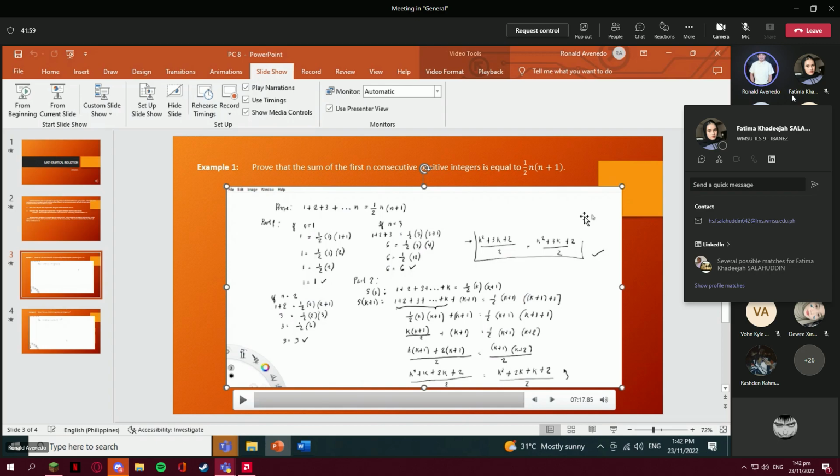N is 50. Can you do it? I will give you 2 minutes to find the sum when n is equal to 50.